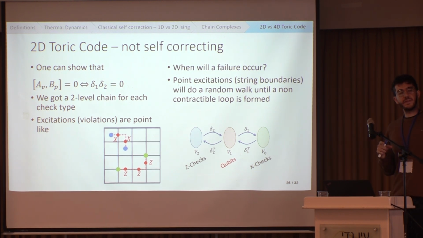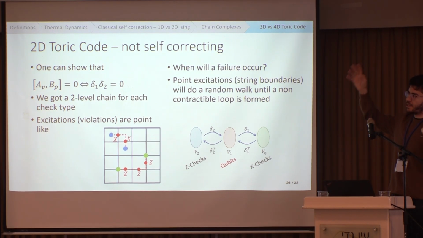they will meet each other, and after some time, which does not depend on the system size, we'll get a non-contractible loop, and we'll move to a different code word. Do you know the real answer? It will depend on the system size, right? But weakly. It will be about the same argument as we had in the 1D Ising model.